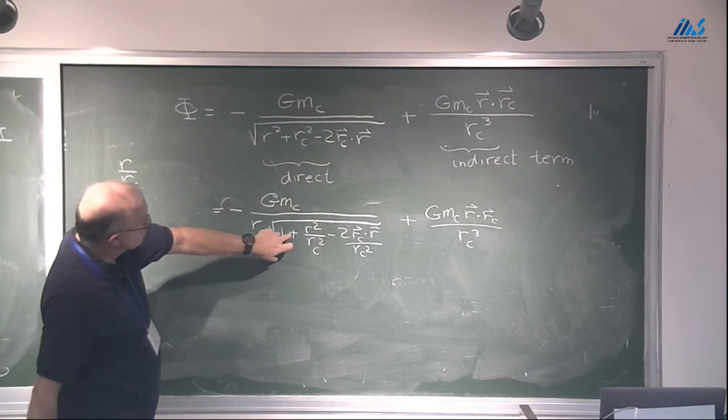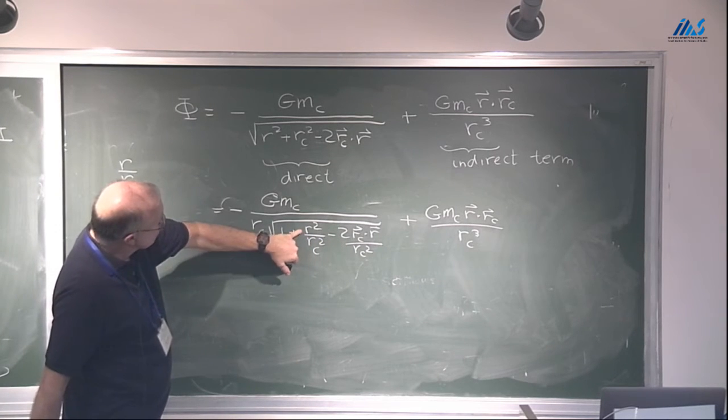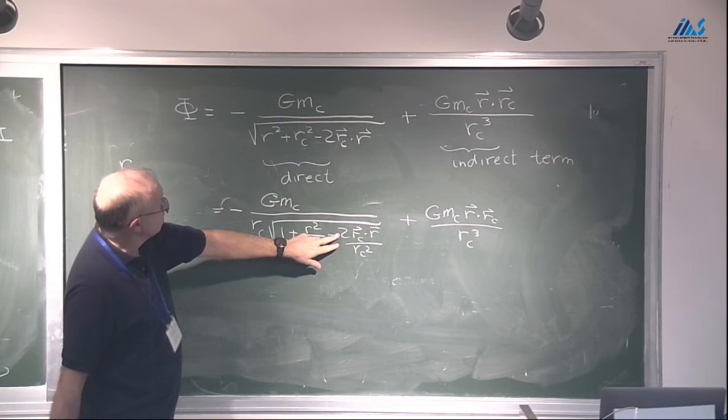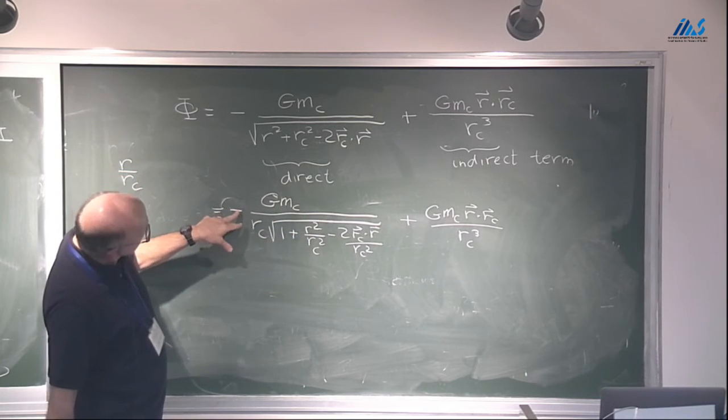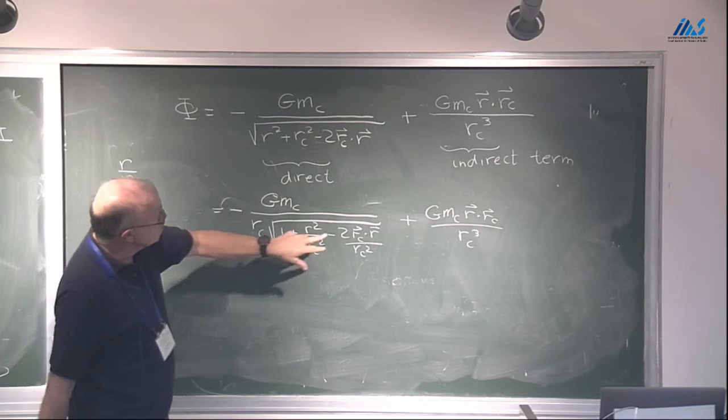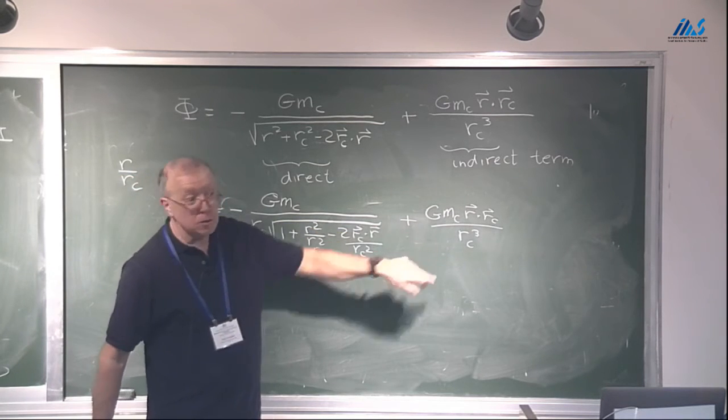You can see that the first term is going, because this is of order the small parameter squared, and this is of order the small parameter, the first term is going to be a minus G M_C r_C dot r over r_C cubed, which exactly cancels the indirect term.